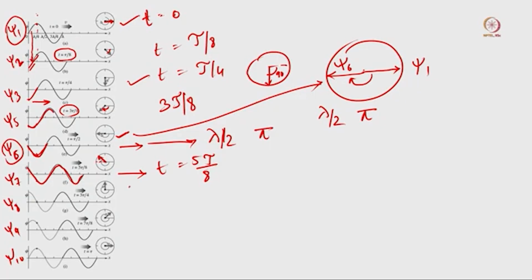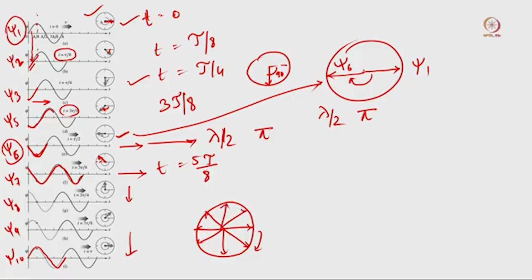If we keep going, after a certain time, at wave 10, there is a completely one full wavelength difference from the first wave, but both are in the same phase. In the phasor diagram, you can see the vector started rotating in this direction, went through all the angles, and finally came back to the actual position.